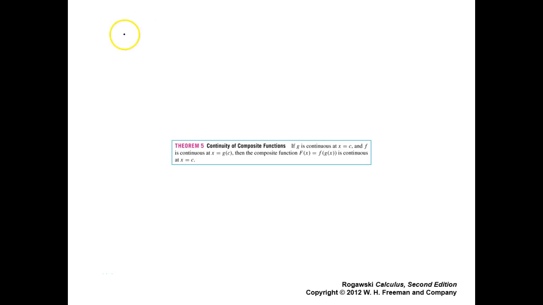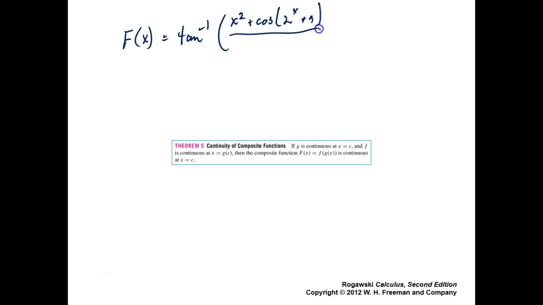Here's an example. f of x is equal to the inverse tangent of x squared plus cosine of 2 to the x plus 9 divided by x minus 8. My word.